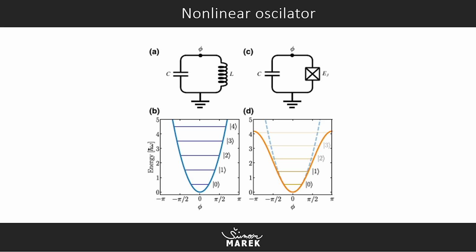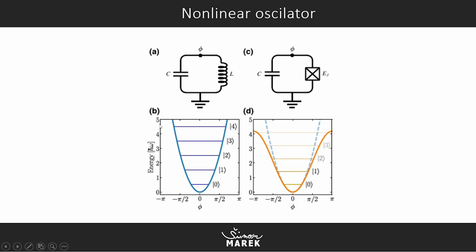Here is a comparison of a classical oscillator and a nonlinear oscillator. You can see there is a big difference between the wave functions. The first has wave functions such that we would need infinite energy to reach other excited states.